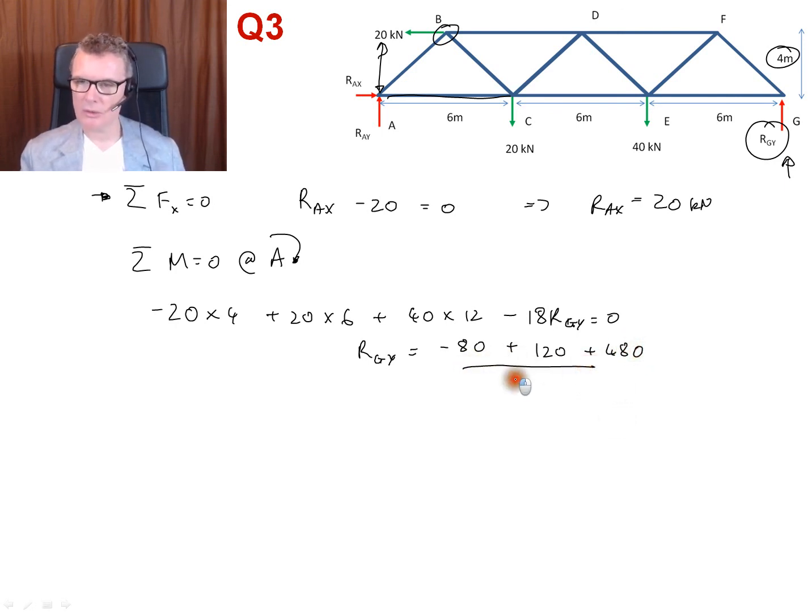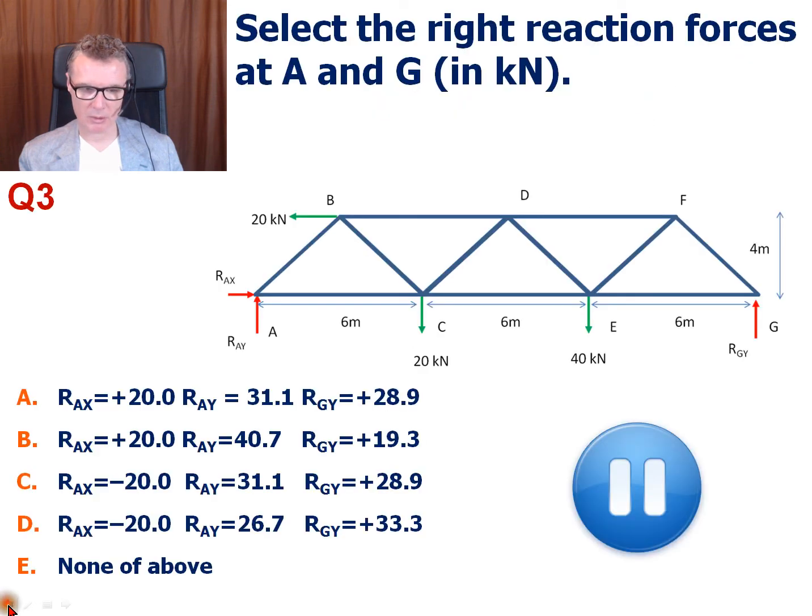Right, so all that divided by 18, and what do we get? So minus 80 plus 120 plus 480 divided by 18. So I'm looking for a 28.9. I'm getting 0.8888 on my calculator, I'm rounding that up. So we've got one there. So it's looking like it should be A.